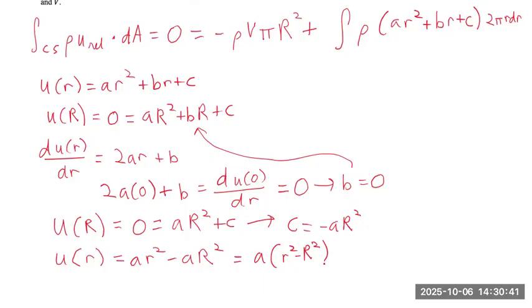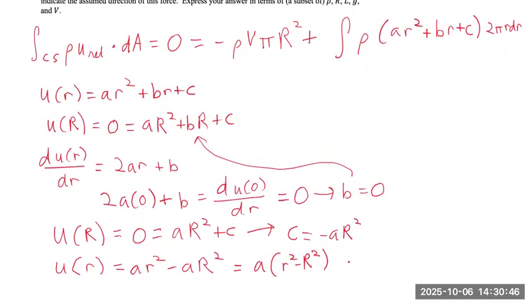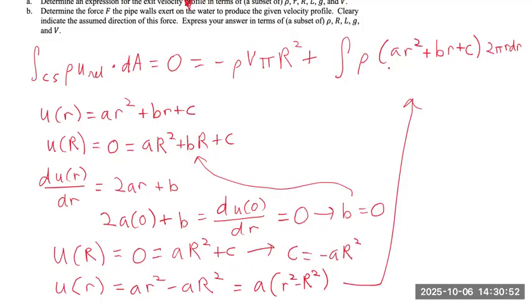Now we can plug this form back into our conservation of mass equation, which is over here, because we have simplified it sufficiently. Basically, we have reduced u(r) into just this equation over here.